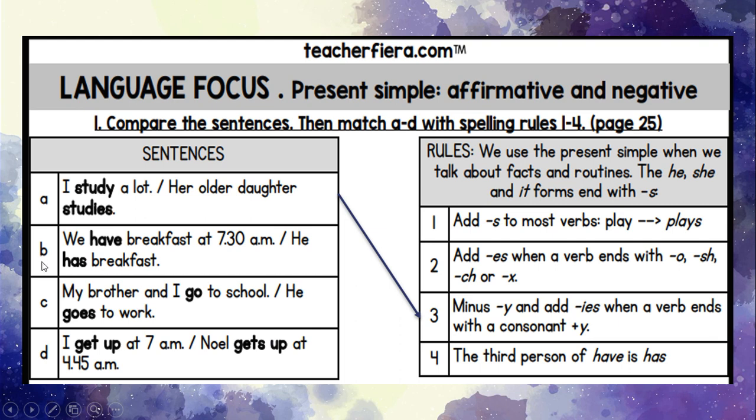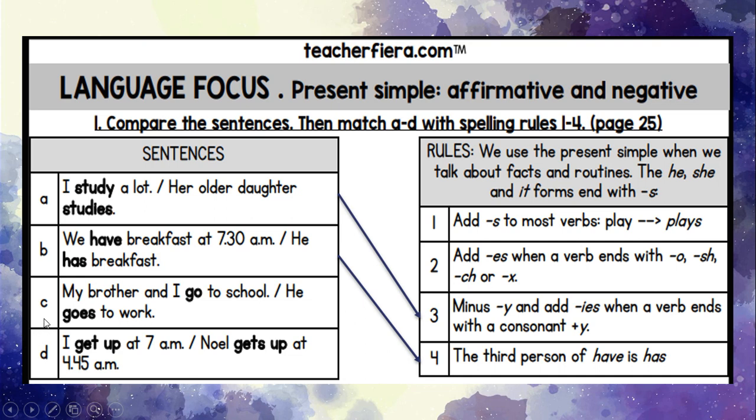Next one, B. We have breakfast at 7:30 a.m. He has breakfast. So, which rule applies to these sentences? Yes, that's right. Number 4. The third person of have is has.